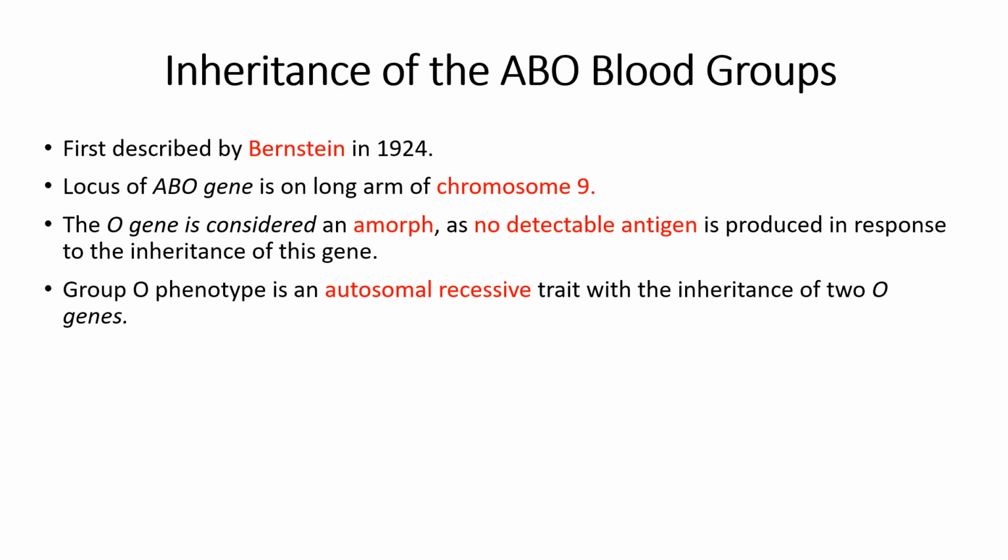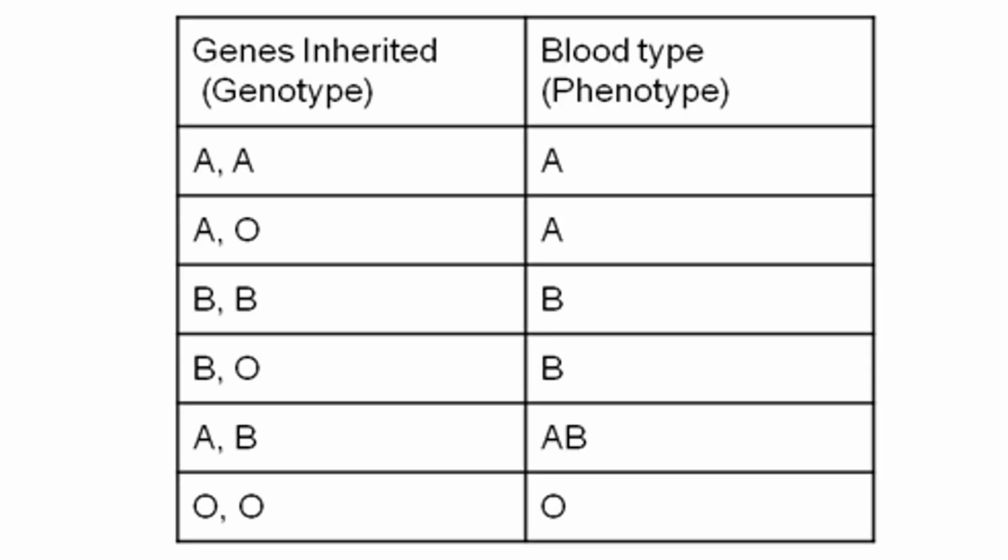I'll be explaining this more. So these are the genes that are inherited. If you are blood group phenotype A, you can either be homozygous AA or you can be AO. Both of them will be represented as A. If you are phenotypically B, then you can be either BB or BO, because O is an amorph.